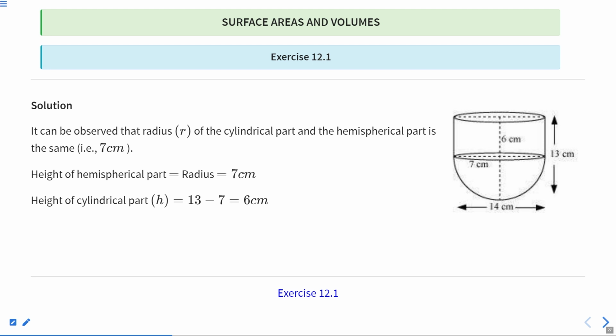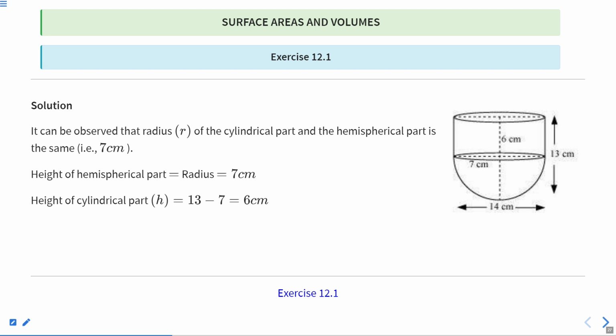Now the radius of the cylindrical part and the hemispherical part is 7 centimeter, that is half of the diameter. The height of the hemispherical part is equal to its radius, so the height of the hemispherical part is 7 centimeter.